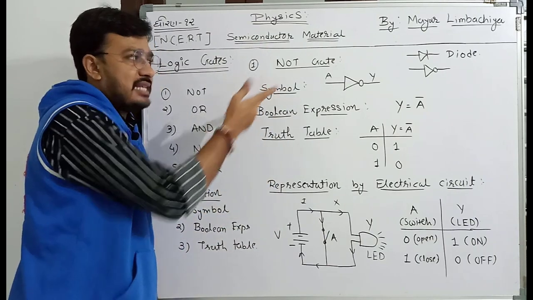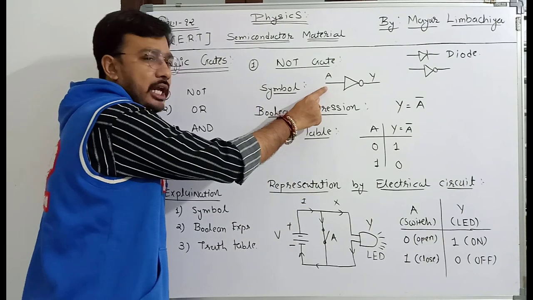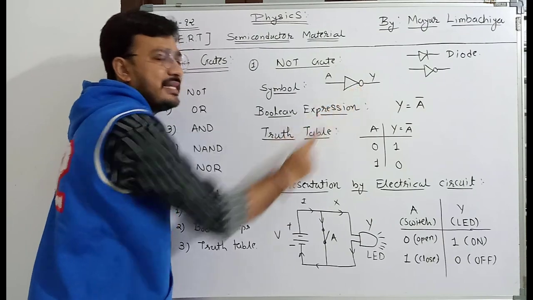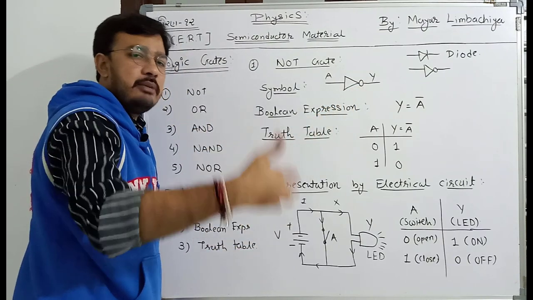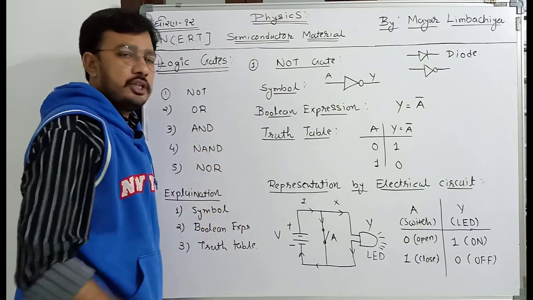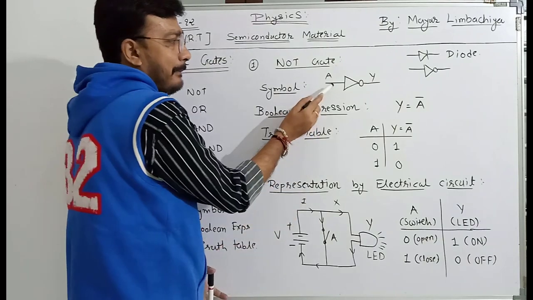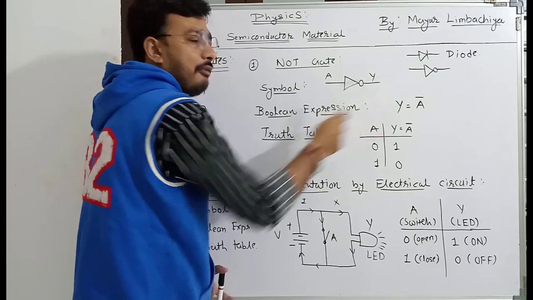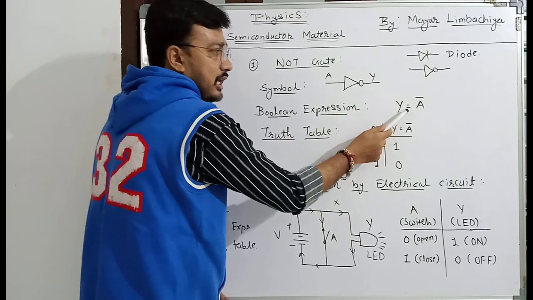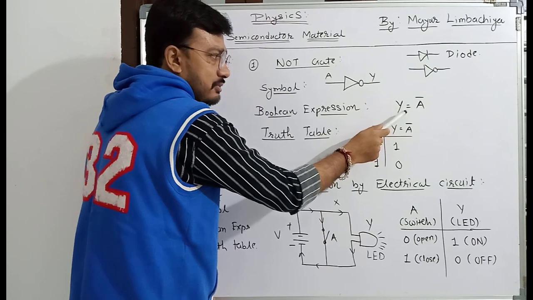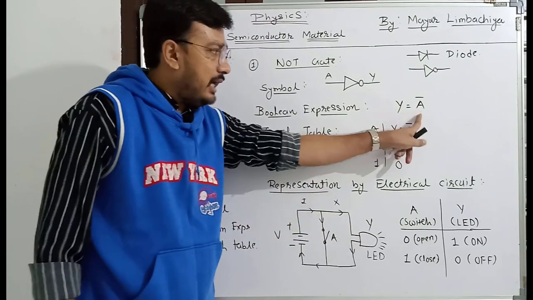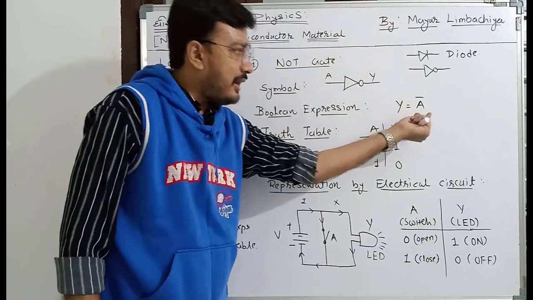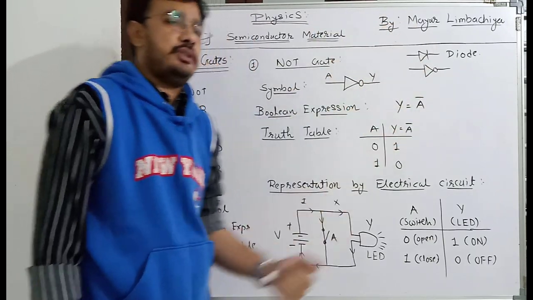First is the symbol. As I said, this is the input A, this is the output Y. This bubble represents the inverted input. Boolean expression: whenever you apply input, the output will be the inverted form of the input. So the Boolean expression can be written as Y is equal to A, with a bar above it, which represents the inverted input.